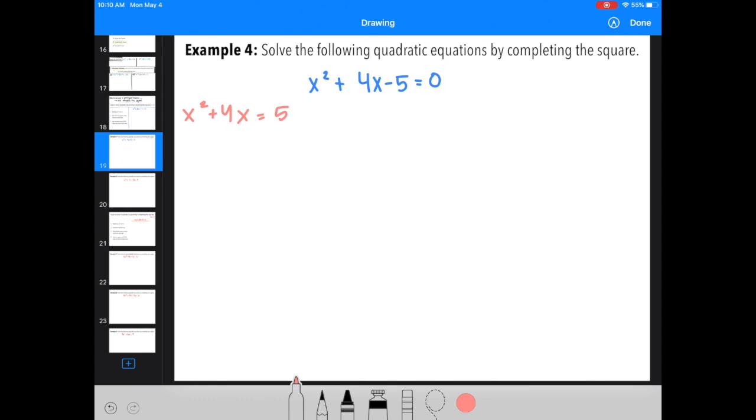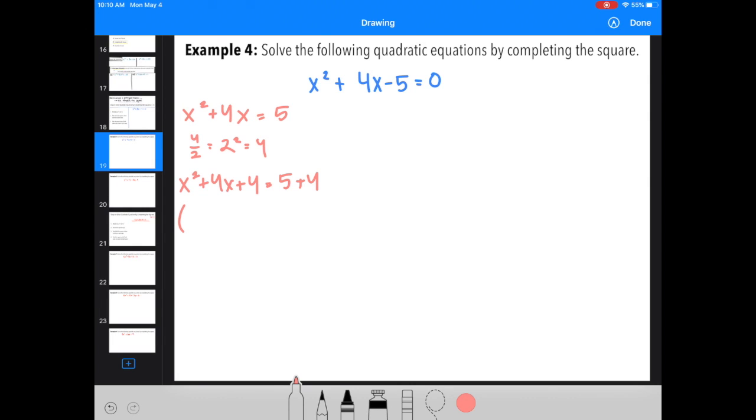My first goal is going to be to create that perfect square trinomial. So what's my b value? Well, that'll be 4. So I'm going to take 4 divided by 2, which is 2. 2 squared, which is 4. So I'm going to add 4 to both sides of my equation.